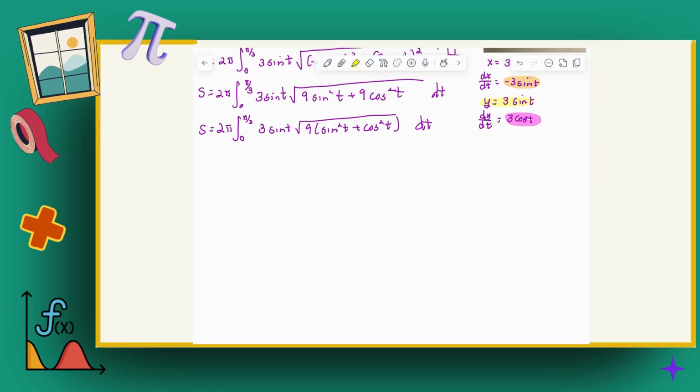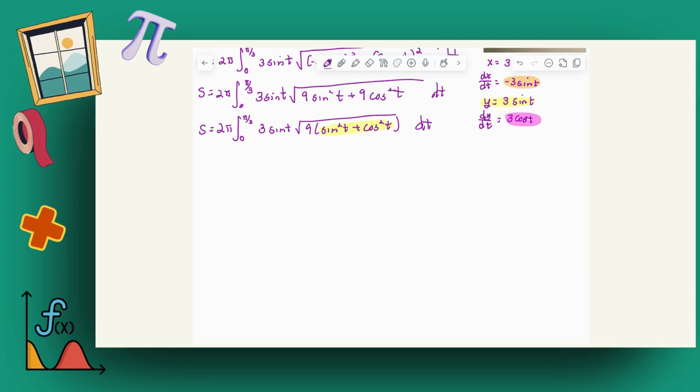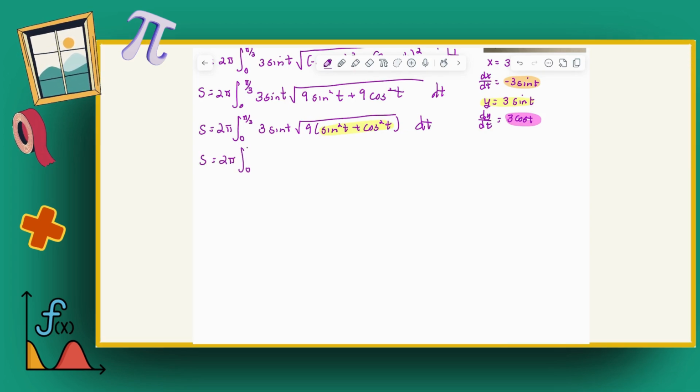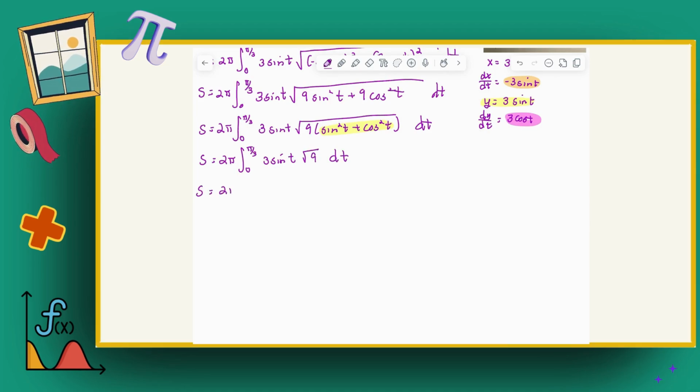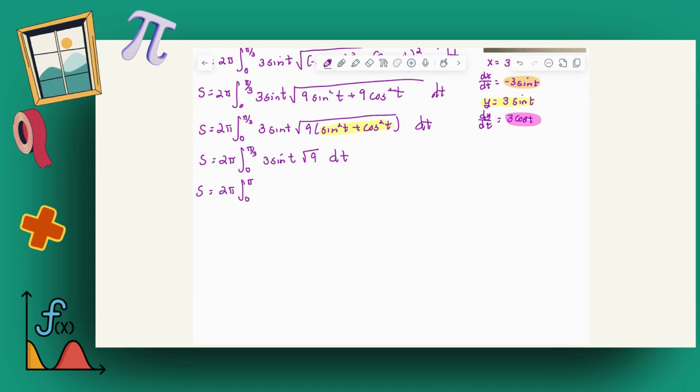That's the Pythagorean identity. We know that sine squared t plus cosine squared t is equal to 1. And so I have underneath the radical square root of 9 times 1, which is just the square root of 9, which is simply 3.